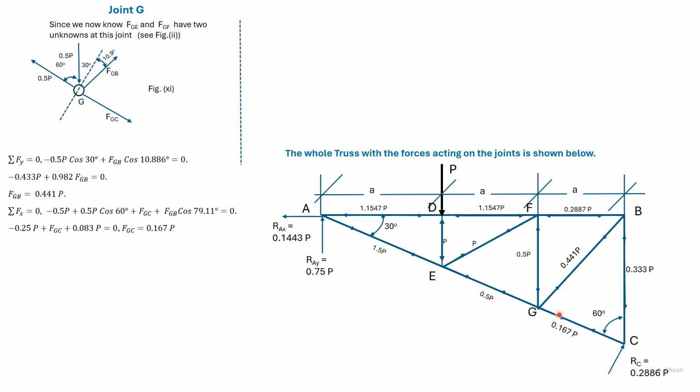So now we have the force in this member and this member. So we don't have the force now only in BC. To find out that force, we consider equilibrium of the joint B.